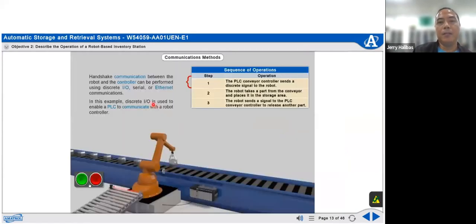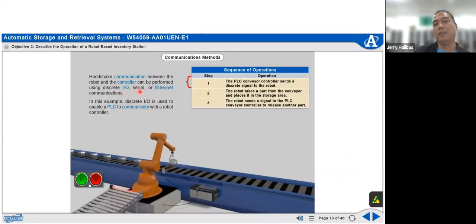Okay, so example. Handshake communication between the robot and the controller can be performed using discrete I/O, digital only, 1 or 0.